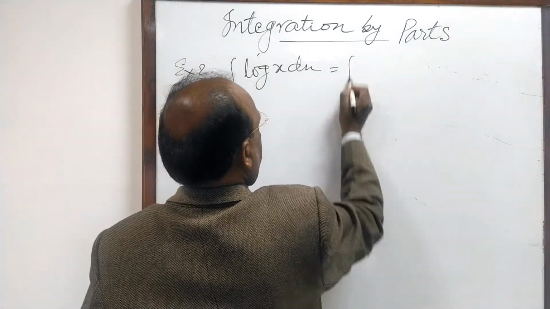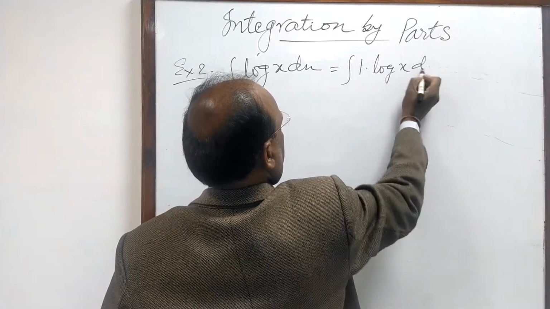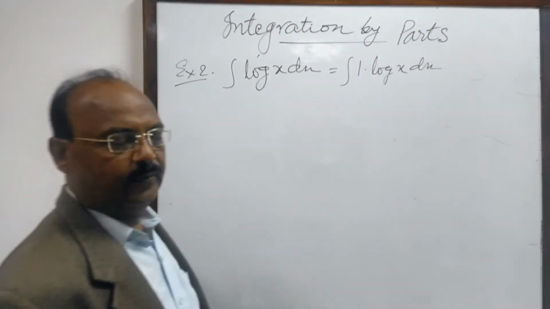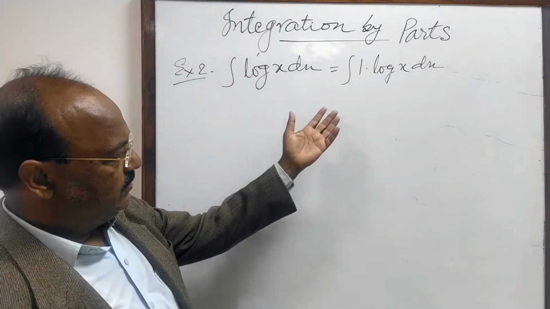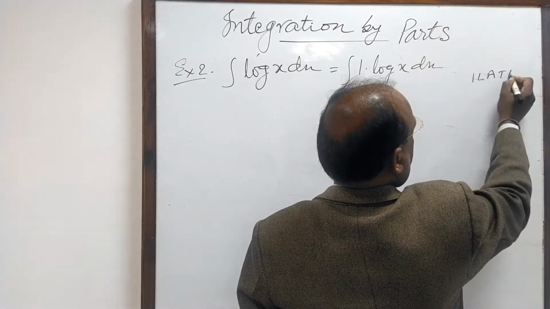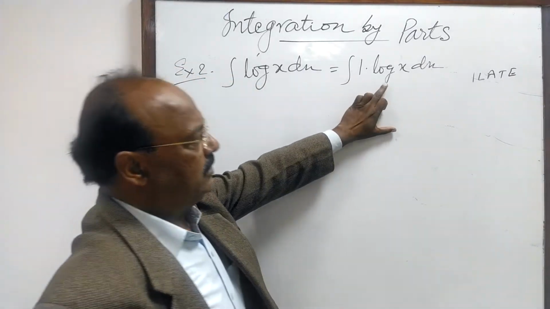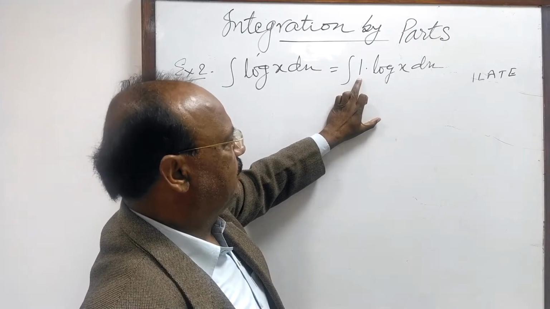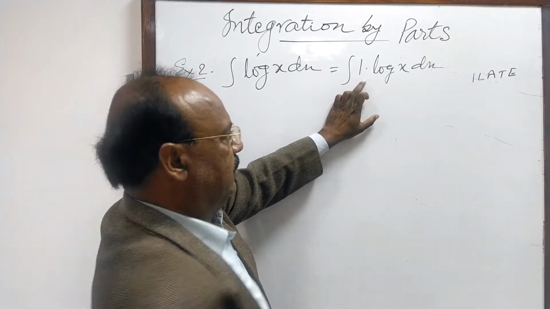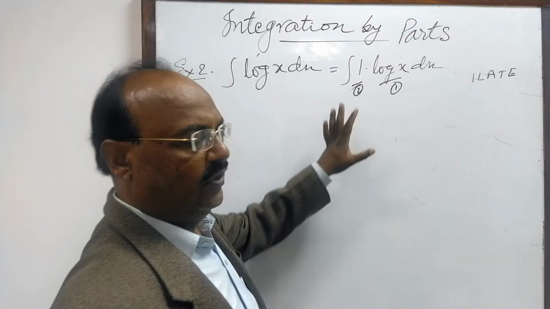So this can be written as integral of 1 into log of x dx. As we have discussed this rule, ILATE, the logarithmic function will be the first function and this algebraic function 1 is the second function.